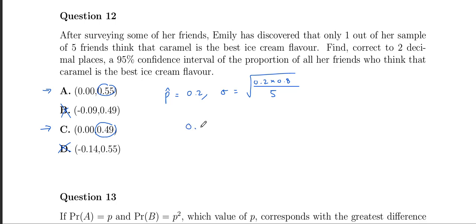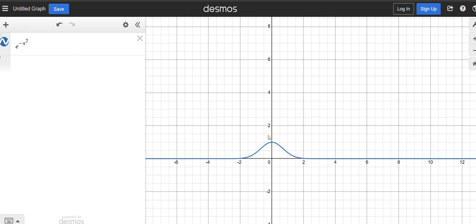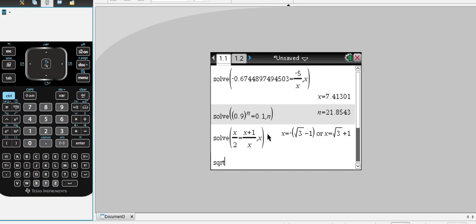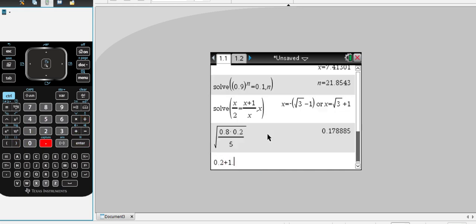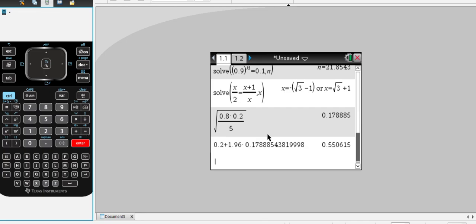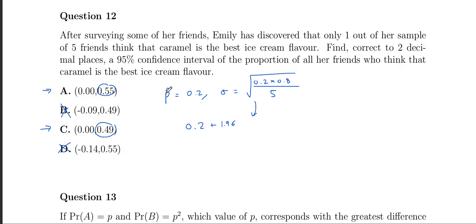And the upper limit is going to be equal to 0.2 plus 1.96 multiplied by this. Okay, so let's do that. 0.2 plus 1.96 times this, and we get 0.55. Therefore, the answer must be A.